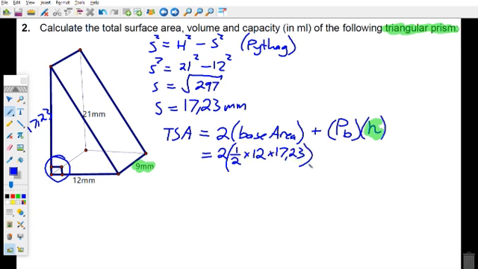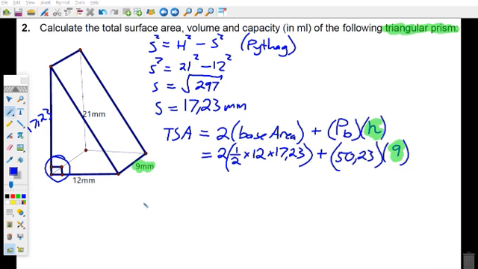Plus my perimeter: 21 plus 12 plus 17.23. And my height here is going to be 9. I'll highlight it there so you can see it nicely.